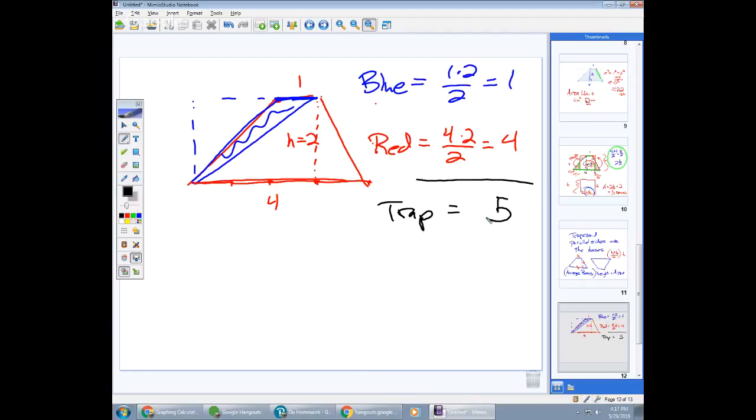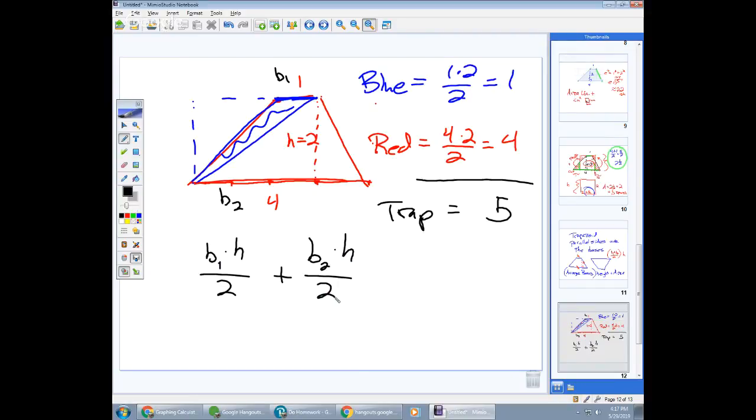Now, if we break that down, saying that this is base 1 up here, and this is base 2 right there, one of the triangles was base 1 times the height over 2. The other triangle was base 2 times the height over 2.